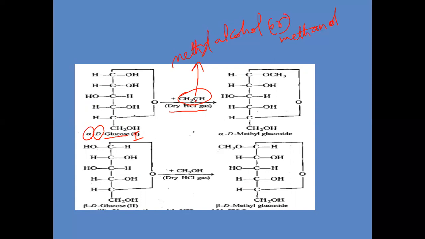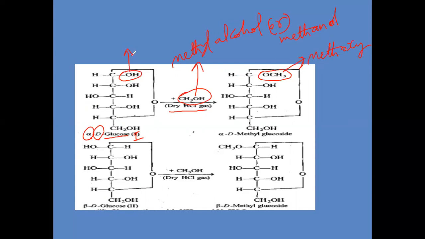You check it here. Now here CH3O is there. Now see the OH group. The OH group becomes OCH3. The hydroxy group becomes the methoxy group. OCH3 is methoxy, methyl and oxygen, the methoxy group.